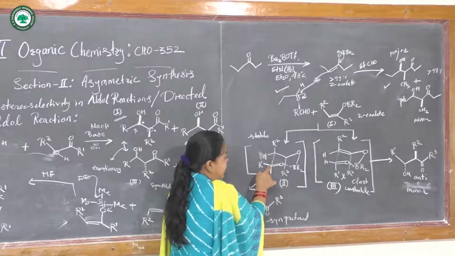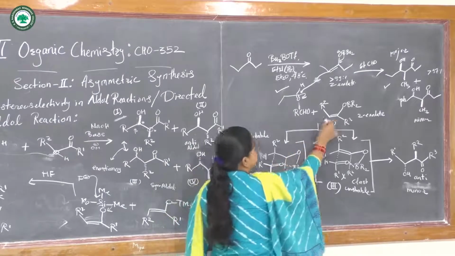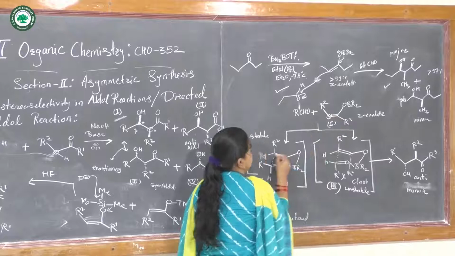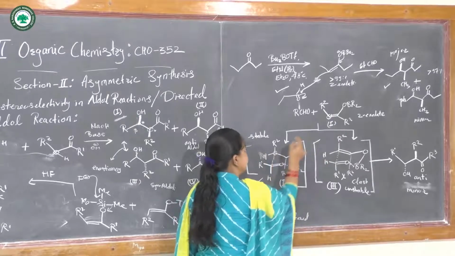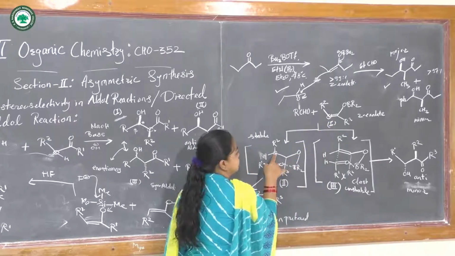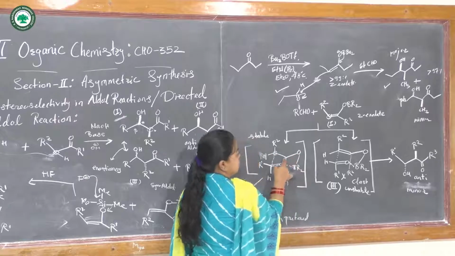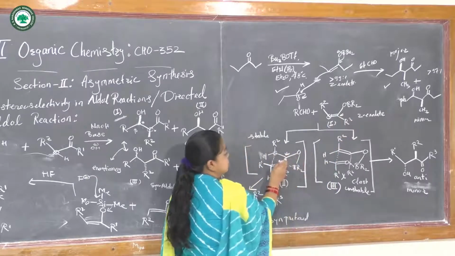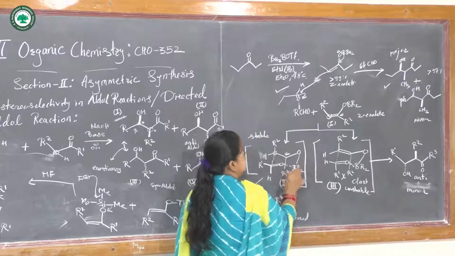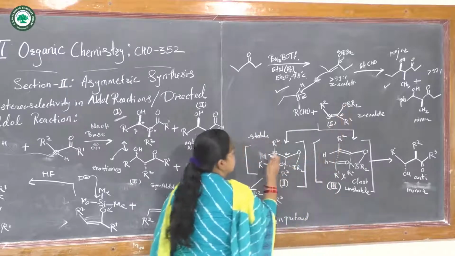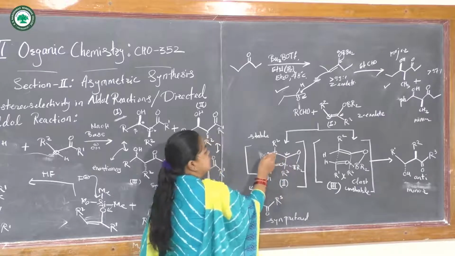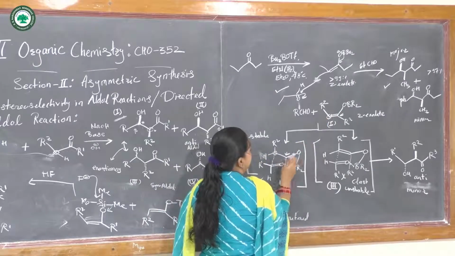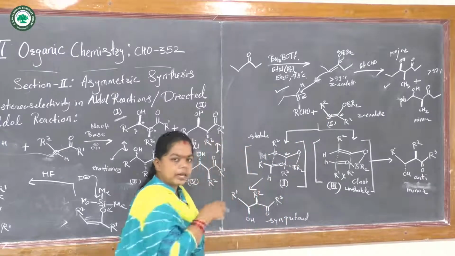This aldehyde is slowly going to react at this carbon atom. This is the reactive nucleophilic carbon atom, and this is the next carbon atom, and this is oxygen and boron. This enolate will arrange itself in the chair-like conformation.